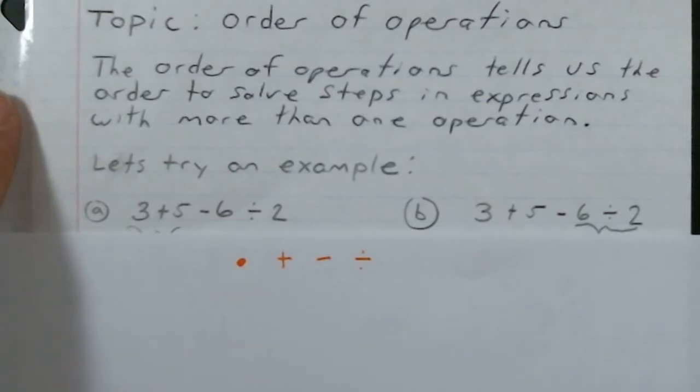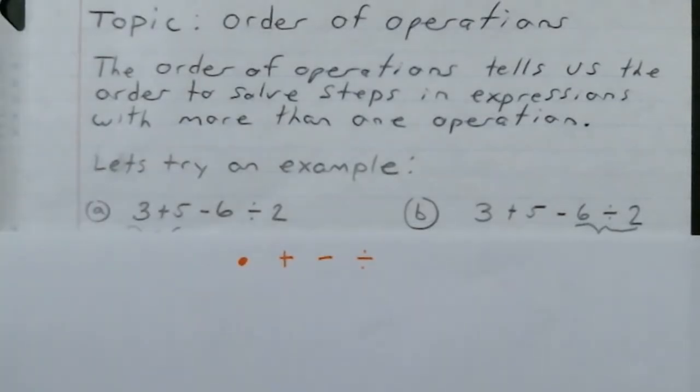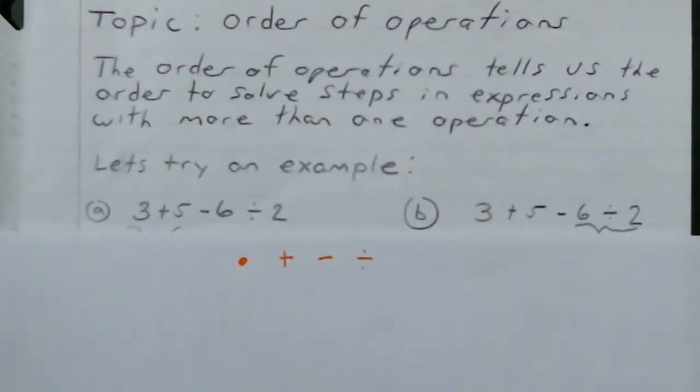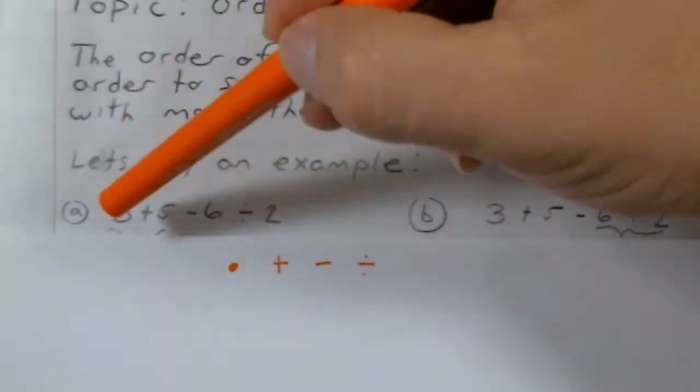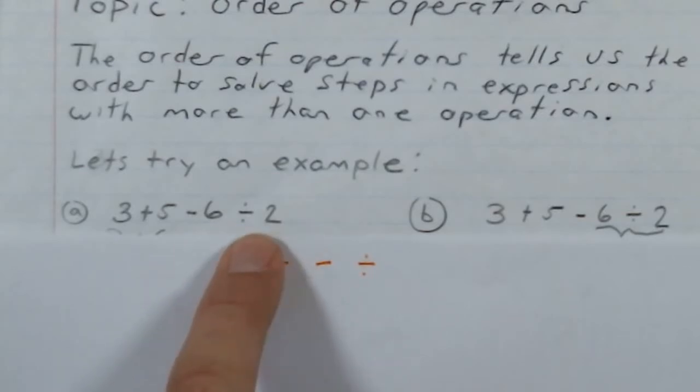Yes, they are, but you have to have a procedure in order to get the right answer, believe it or not. This is 3 plus 5 minus 6 divided by 2.